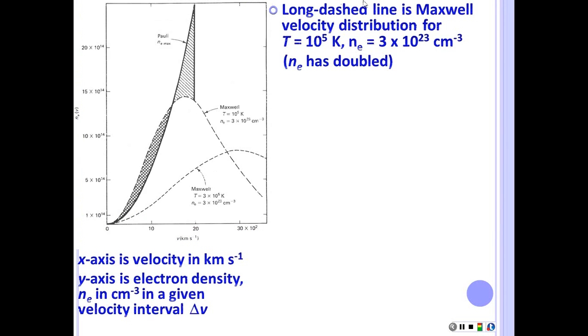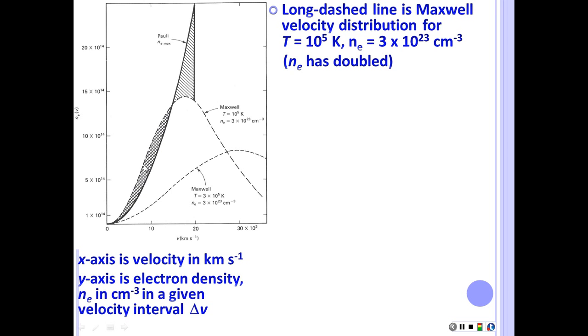However, what we're doing here is taking it still at the same temperature, but we've doubled the electron density. This is the original curve that we had, this is the electron density that we had before, and this is the new electron density. You can see here that there's this portion that violates the Pauli exclusion principle.